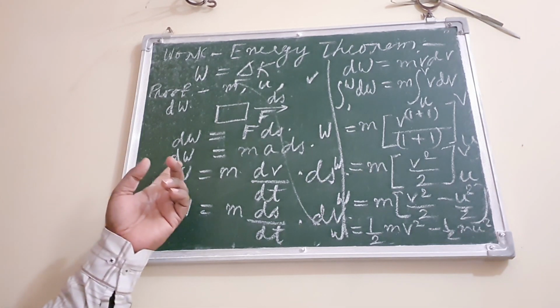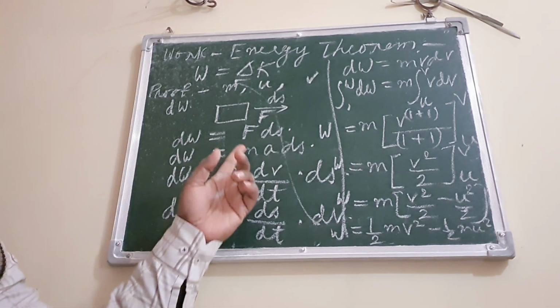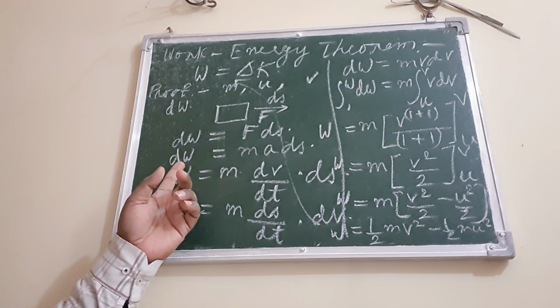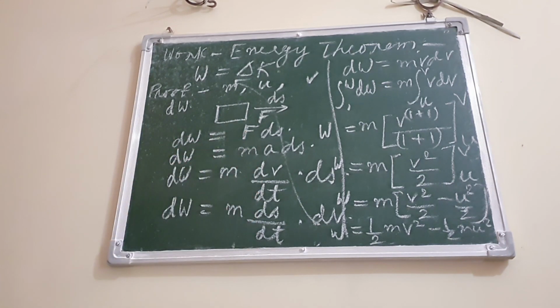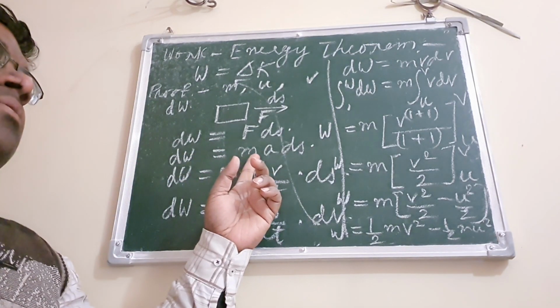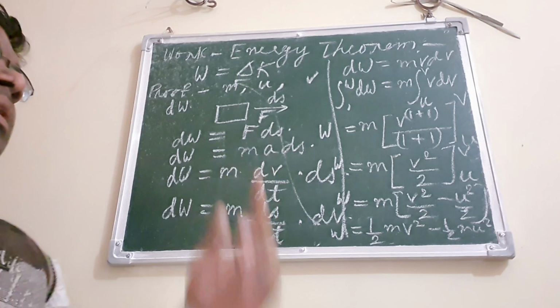According to the definition of work done, dW is equal to F dot ds, so it will be F into ds. Putting the value according to Newton's second law of motion, F is equal to ma, so it will be m into a into ds.